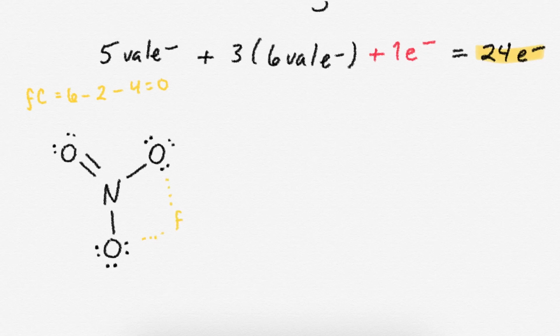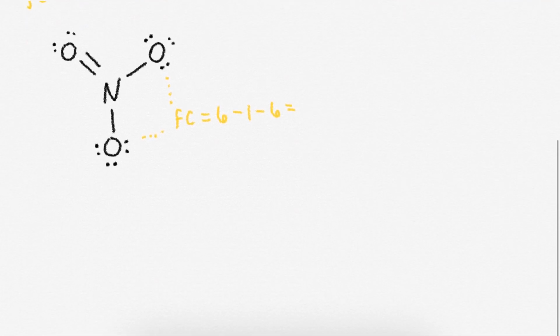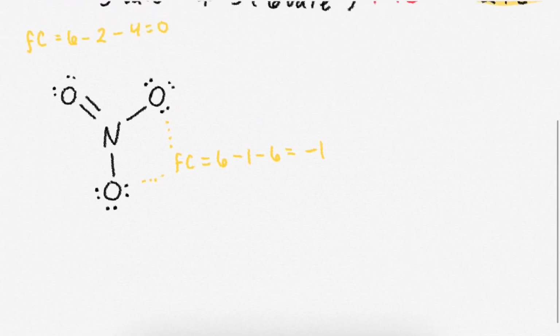Notice that these two oxygens are identical, and so their formal charges would be the same. That would be 6 valence electrons minus 1 shared pair minus the total number of dots, which would be 2, 4, 6. And looky here, we have minus 1.